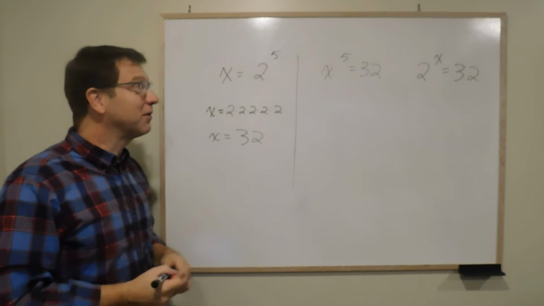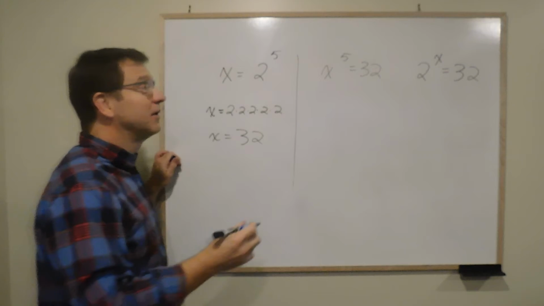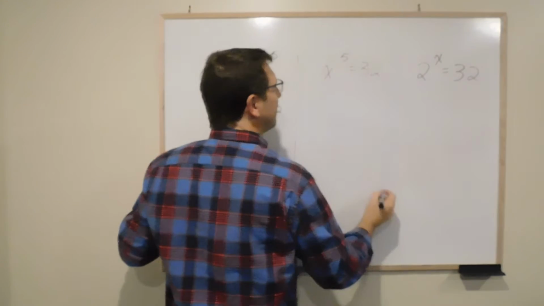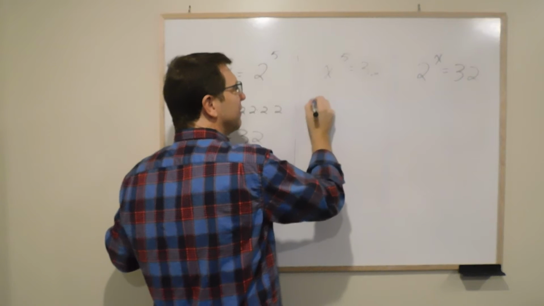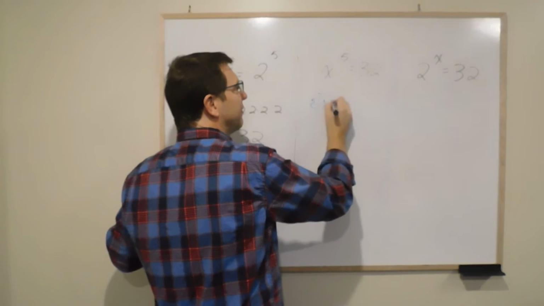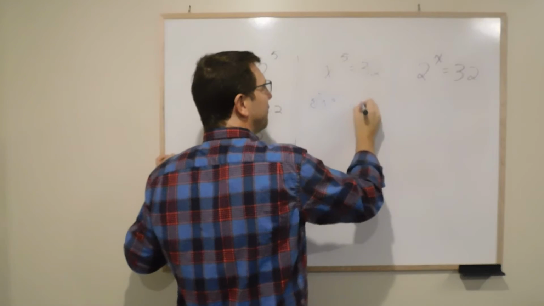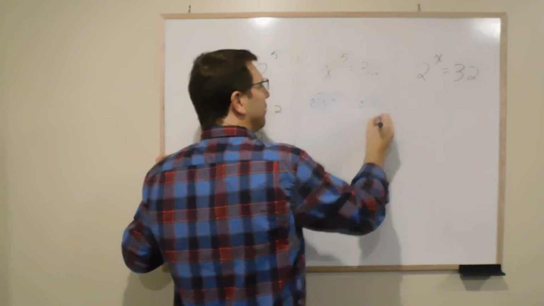x to the exponent 5 is equal to 32. So how I solved that was I said, okay, the fifth root of x to the 5th equals the fifth root of 32.